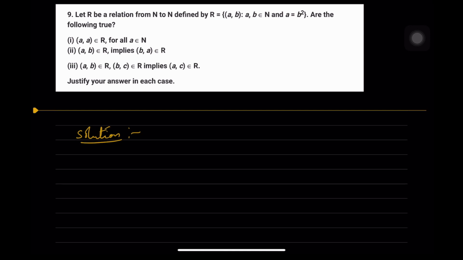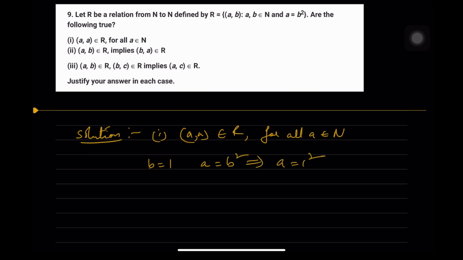So here you can see that the first one is given as the set of all ordered pairs which belong to R for all a belongs to N. So if 1 belongs to N, that means a is equal to b square. Suppose b is equal to 1, a is equal to b square implies that a is equal to 1 square. So now you are getting again a itself, so here it's equal to 1.